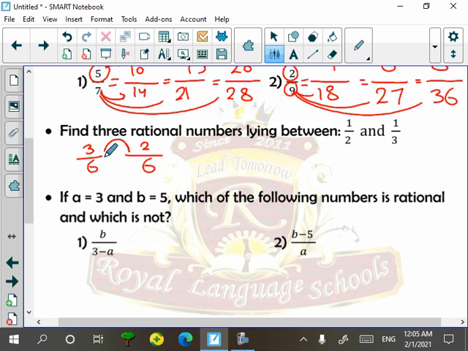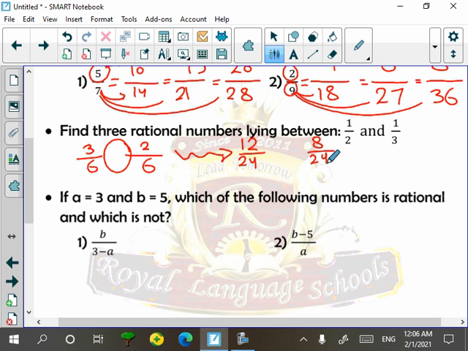To find some numbers between 3 over 6 and 2 over 6, we multiply the numerator and denominator of each by 4. Then 3 over 6 becomes 12 over 24, and 2 over 6 times 4 becomes 8 over 24.